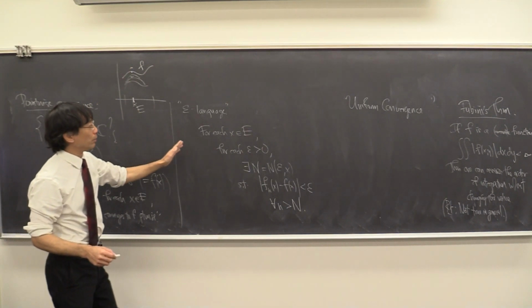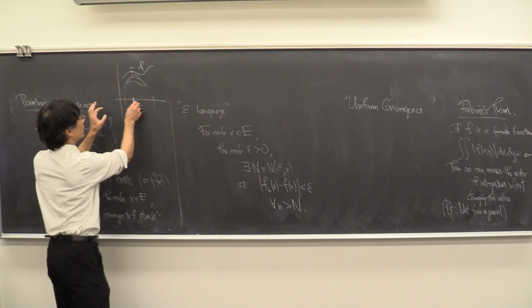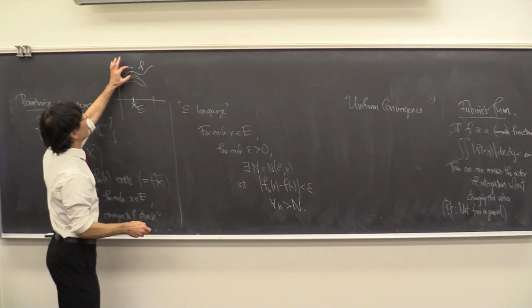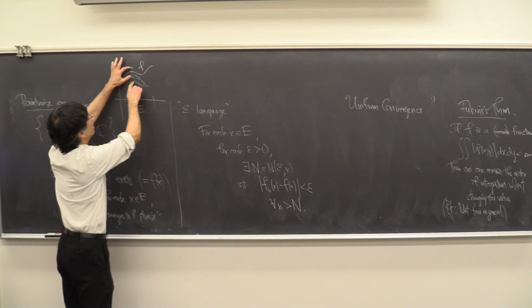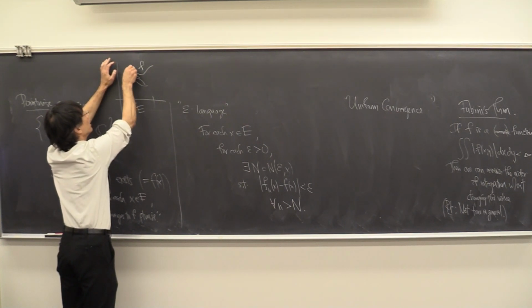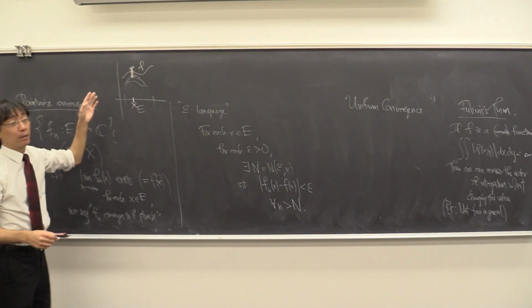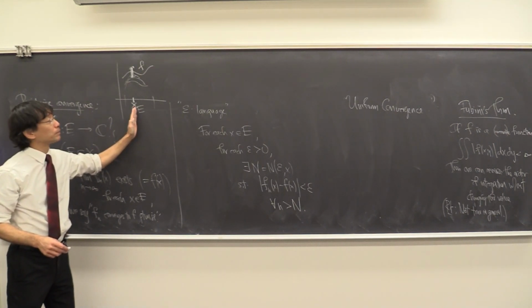So for a fixed x and a fixed epsilon, there's a time past which the values at that point get inside this range. That's pointwise convergence for each point.